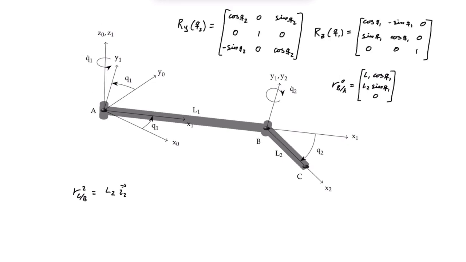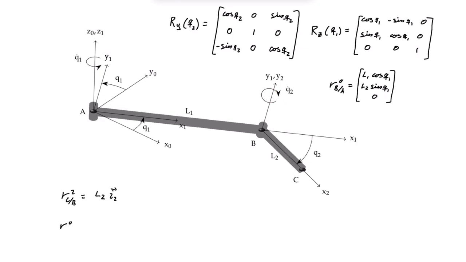In order to get the 0 reference frame again, we need to transform it, but we need to transform it 2 times this time. So first with the ry and then with rz. This time the ry is actually rotating clockwise, which means that the minus is not here, it's here. And you can see that this is rotating around the y-axis. That is why it looks a little bit different.